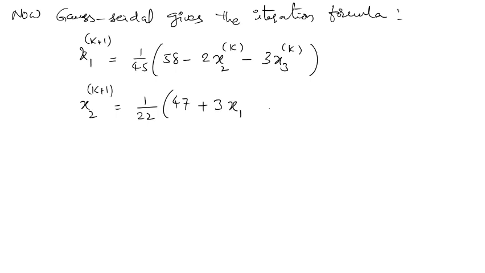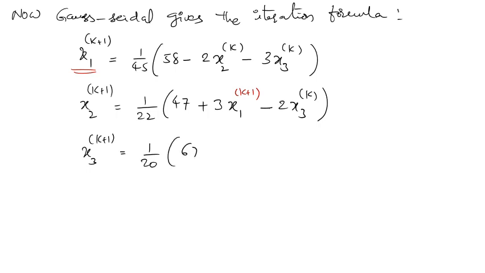Now I know the x1 value at k plus 1th iteration, so here you have to write k plus 1th iteration minus 2x2. The updated value is used in Gauss Seidel method. This is the logic. Next one, x3 at k plus 1th iteration is 1 by 20 of 67 minus 5x1. Now x1 is known at what? K plus 1th iteration. Next one, x2 is also known at what? K plus 1th iteration. So x1 and x2 both are replaced by k plus 1th iteration. This is the Gauss Seidel iteration method.